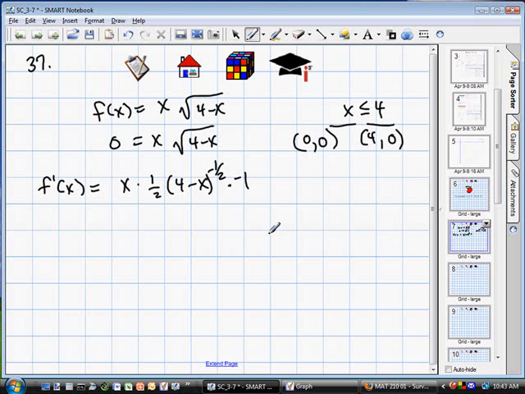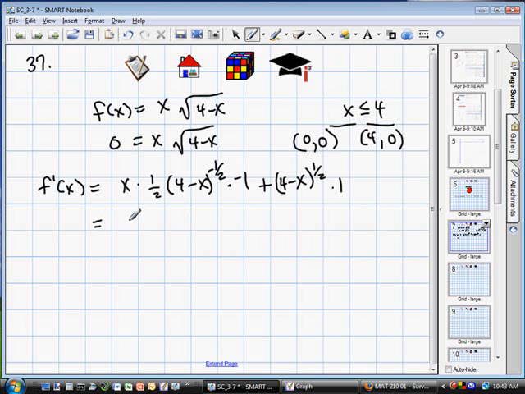See why I have that -1 in there? Because of the chain rule, right? Plus the second times the derivative of the first. Well, that's just a 1. Okay.